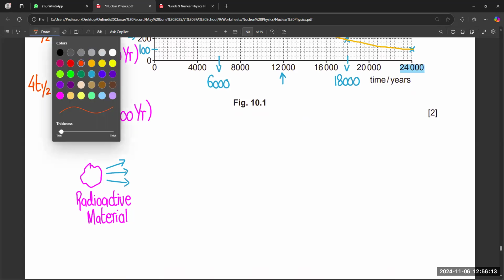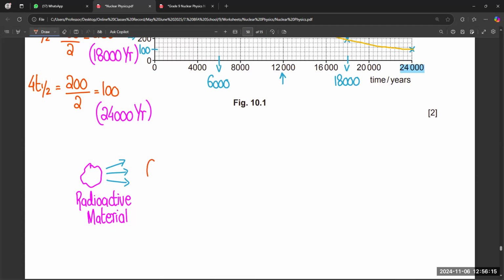In front of it we have a GM tube, and that GM tube gives the value of the initial count rate. So this is the first process.